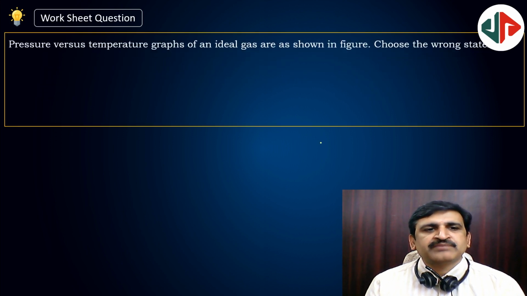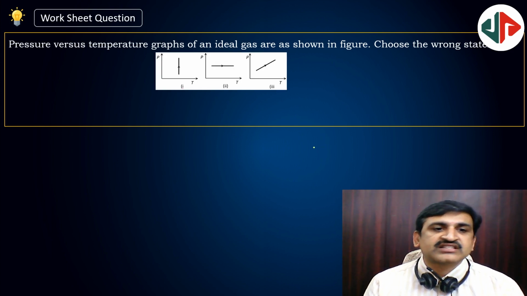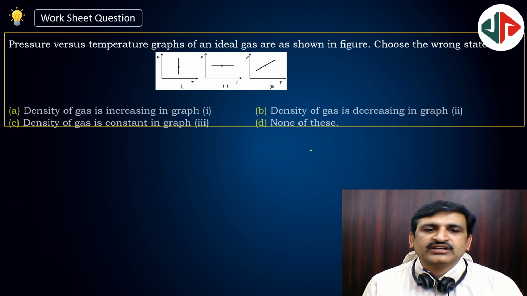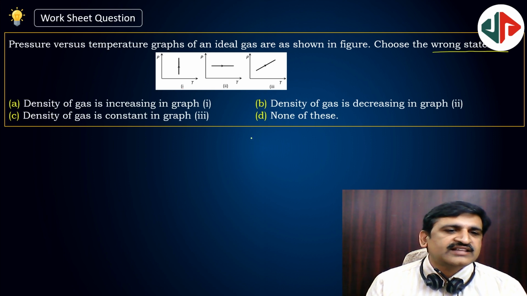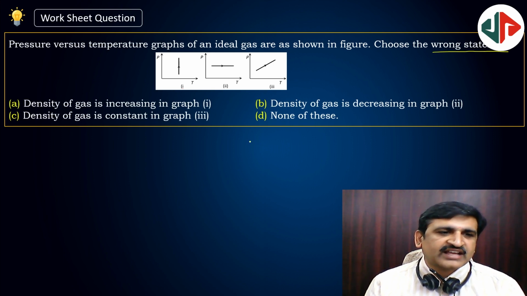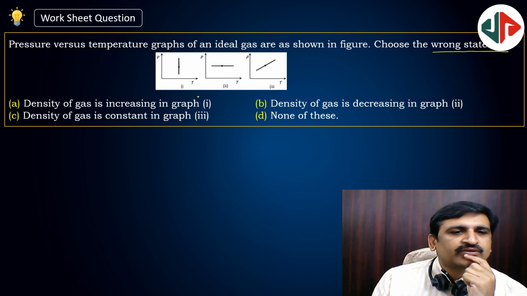Pressure versus temperature graphs of an ideal gas are as shown. Identify the keyword: we want the wrong statement. Density of the gas is increasing in graph 1. It is a PT graph.